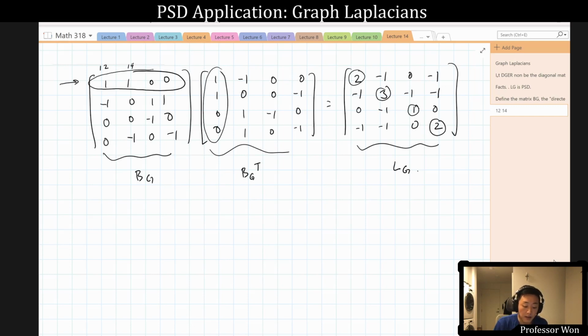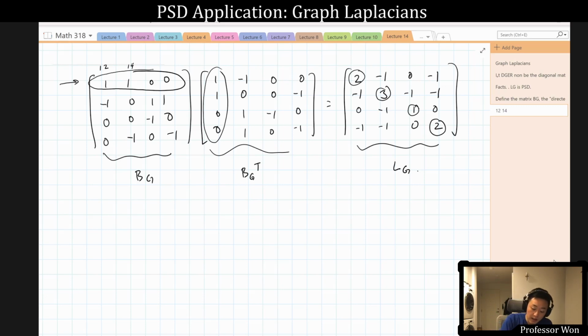So if you dot the first row with the first column, all of the edges that first node touches, you either have a 1 or a minus 1, but you multiply it by itself. So you get 1 for every edge that node 1 is incident to, and you'll get zeros everywhere else. In other words, it just counts up the number of edges that node 1 is incident to. So this is true along every diagonal: the second row in the second column, third row in the third column, fourth row in the fourth column.